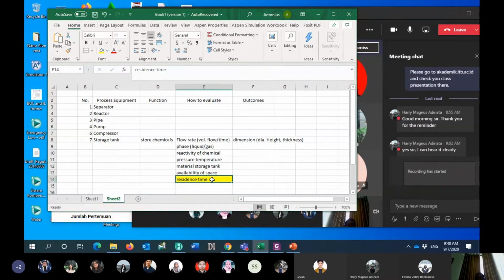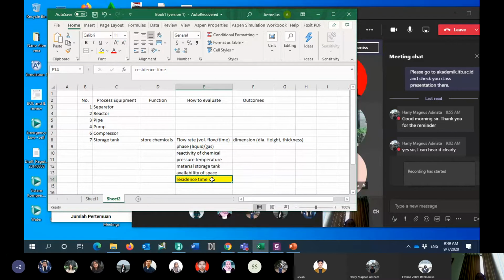And then how about the thickness? The thickness will be defined from the pressure and from the material that you will use. So how do we connect the thickness and the pressure? We will evaluate that in the separator. There is an equation for that.